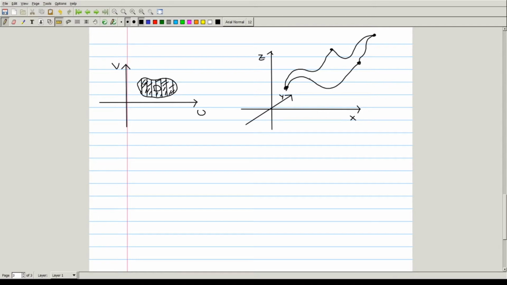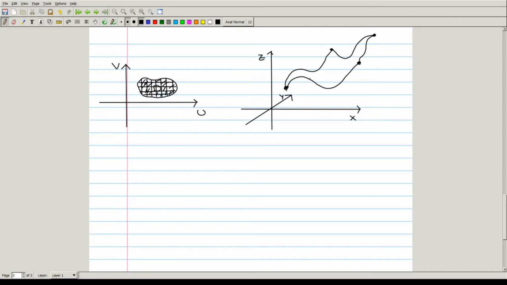In this picture, we have 1, 2, 3, 4, 5, 6, 7, 8 pieces along u. We have 1, 2, 3, 4, 5 pieces along v.